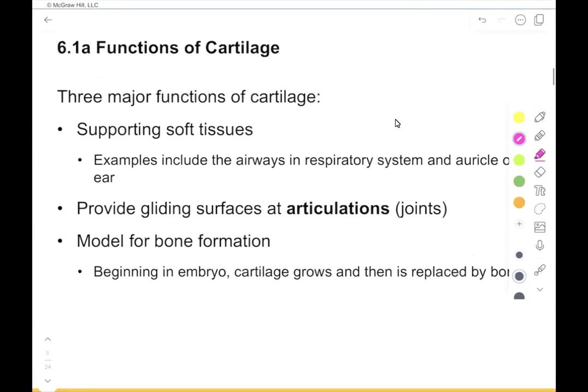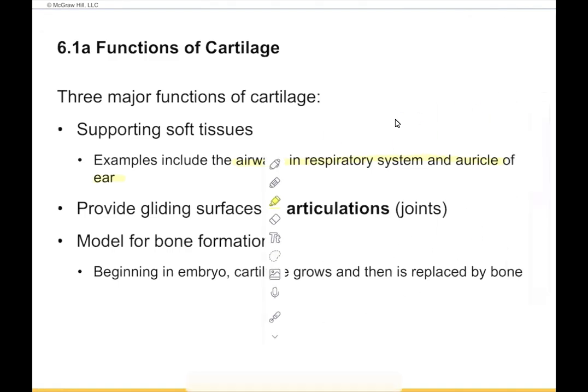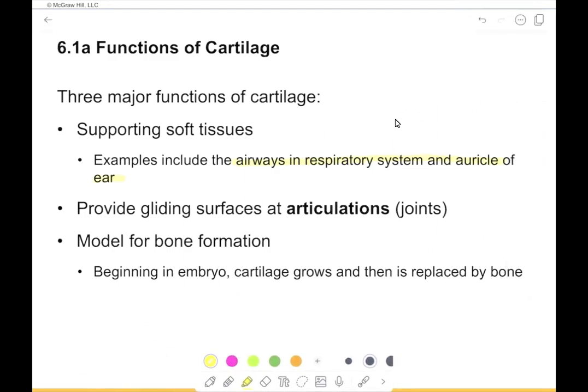So the function of cartilage is that it is a supporting soft tissue. Three main functions include keeping the airways in the respiratory system and the auricle of the ear open. They also provide gliding joints for places like articulations, which are joints.